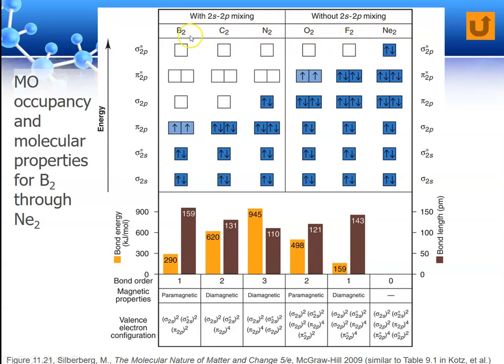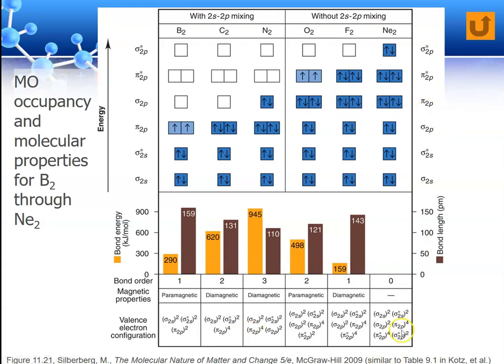For the boron, carbon, and nitrogen diatomics, we have this 2s2p mixing, which means the pi 2p orbitals have a lower energy than the sigma 2p's. Here we don't have the mixing, so the sigma 2p's have a lower energy than the pi 2p's.